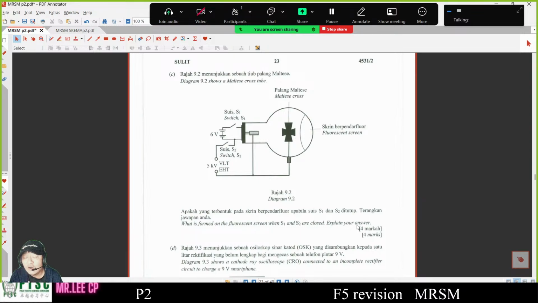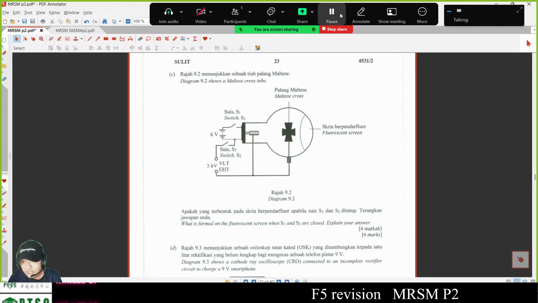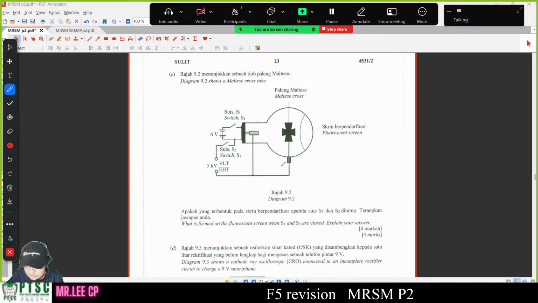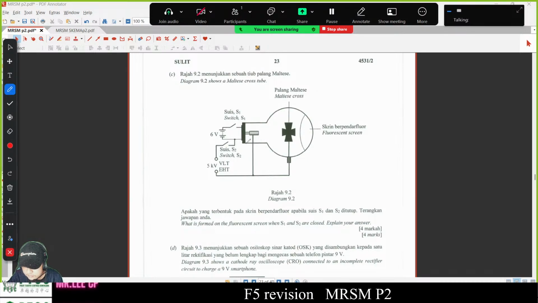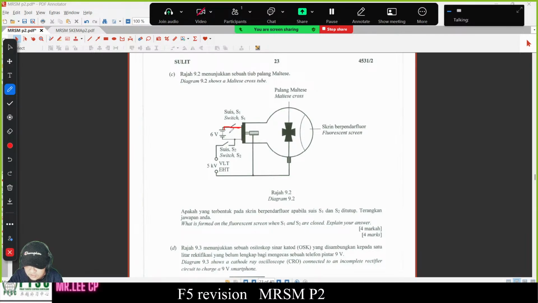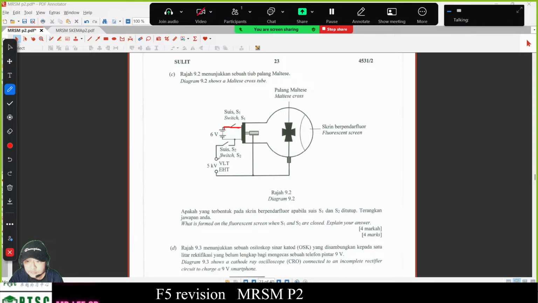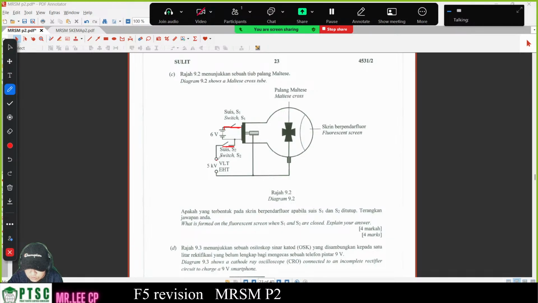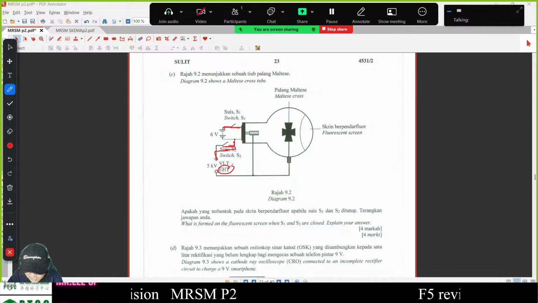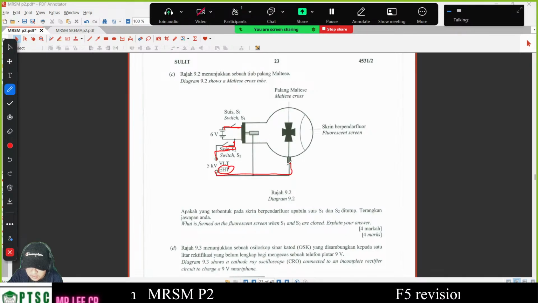Now we try to look at what is S1 first. S1 closed. So this one, the supply current to here. Now S2, it is EHT here, extra high tension.